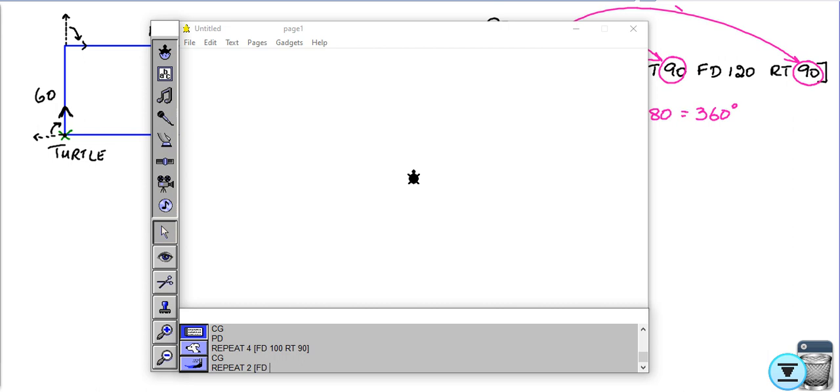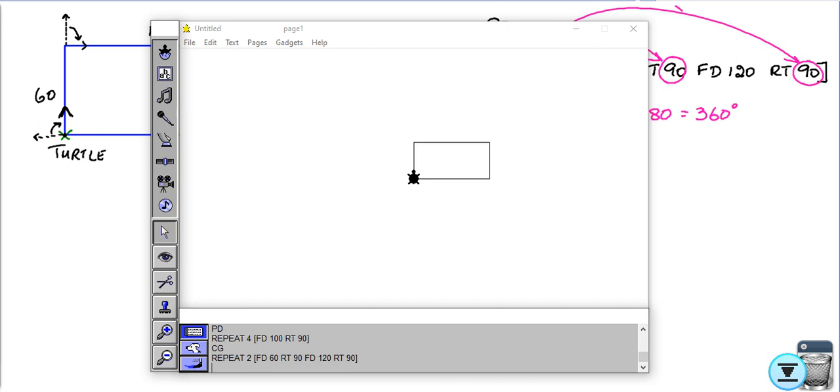Repeat 2, forward 60, right 90, forward 120, right 90. Okay, and that has drawn my rectangle. Now, as you can notice, we can start writing down commands for all the polygons that we have learned.